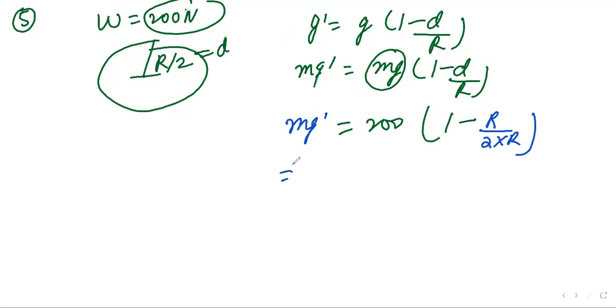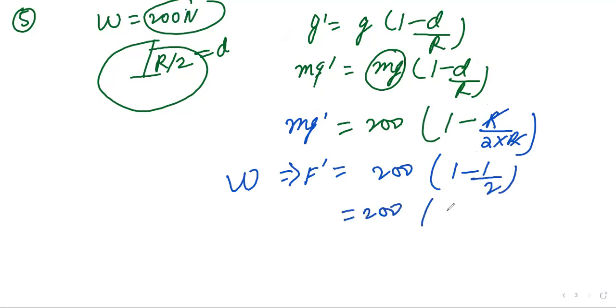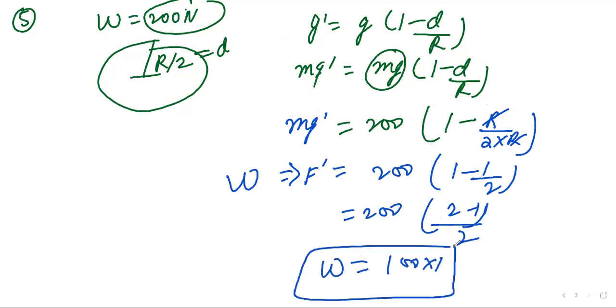So this is the F dash formula, or it is written as weight. So R and R get cancelled. So it is 1 minus 1 upon 2. So it will be 200 into (2 minus 1) upon 2. So it is 100 into 1. So the weight is coming out to be 100 Newton.